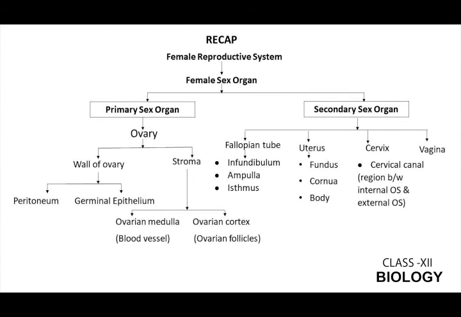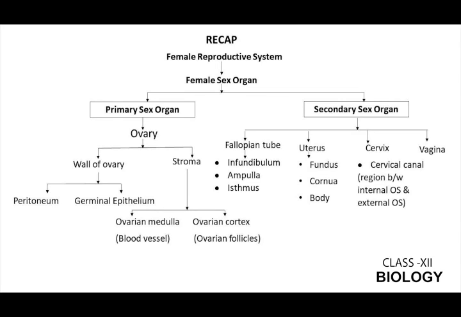The ovary is made up of connective tissue called stroma, which is divided into two, ovarian medulla and ovarian cortex. Ovarian medulla has blood vessels and ovarian cortex has different developing follicles, as you can see in the ovarian cortex.